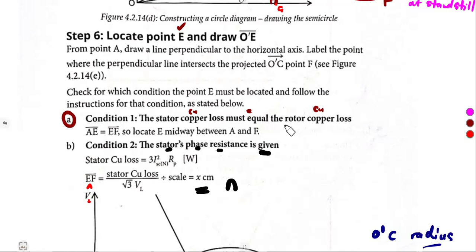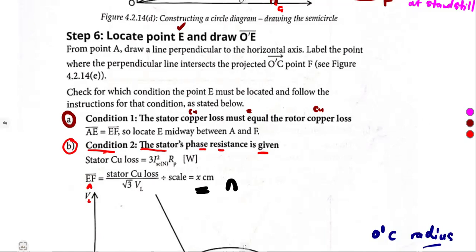But in this case, that is not the concept. They gave us the second condition this time, where we are given the stator's phase resistance. It is given. So whenever you are given the stator's phase resistance, in order for you to determine or to locate the point E, we are going to work with the stator copper loss.